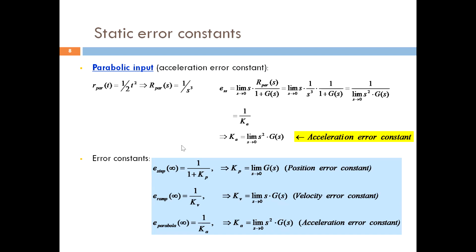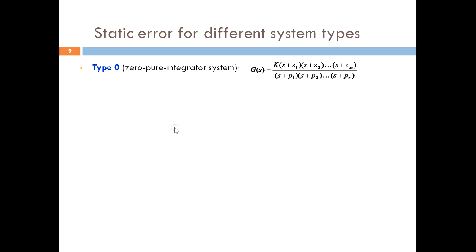Now we wish to do the same, considering various system types. We are going to look at three main types of systems. A type 0 system is given by the open loop transfer function, where we do not have any power of s in the denominator, as you will recall from what I said earlier.